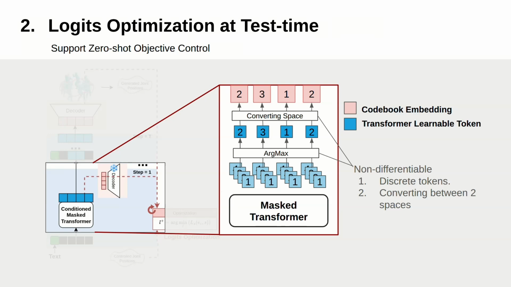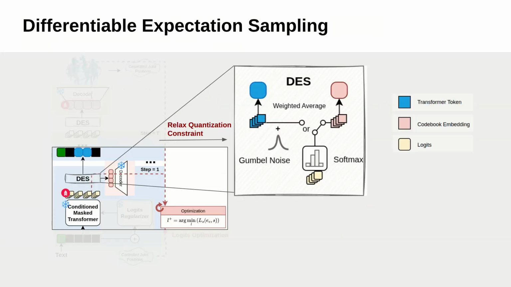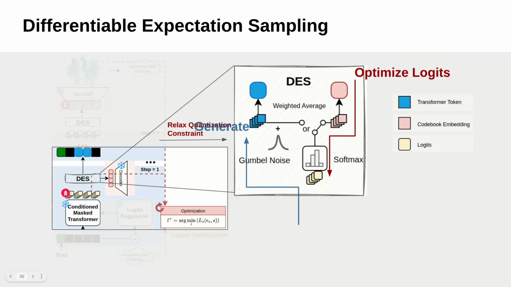To solve these problems, again, we utilize differentiable expectation sampling, which relaxes the quantization constraint by calculating the expectation of the codebook. To convert between different spaces, we simply apply expectation sampling to each space, optimize through the logits, and then reconstruct back to the transformer's learnable tokens to generate motion for the next unmasking step.